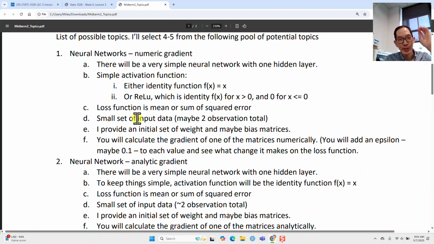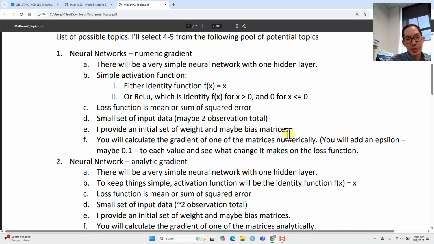You'll do forward feed, and I'll provide a set of weights and biases, and I will ask you to calculate the gradient of one of the matrices numerically, and you'll add an epsilon. So I'll say these are your initial weights, estimate the gradient numerically by adding 0.1 to this term in the matrix, or adding 0.1 to this term in the matrix.